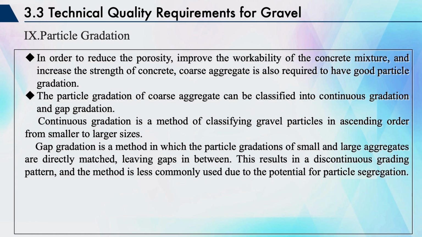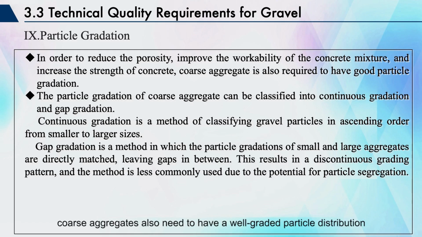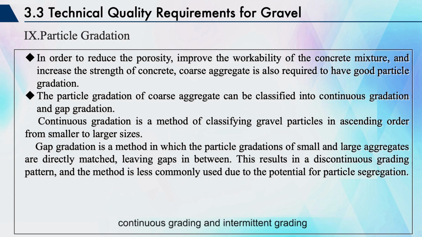To reduce void ratio, improve concrete mix compatibility, and enhance concrete strength, coarse aggregates also need to have a well-graded particle distribution. There are 2 types of coarse aggregate particle grading: continuous grading and intermittent grading.